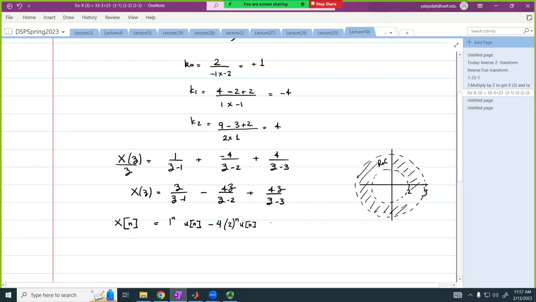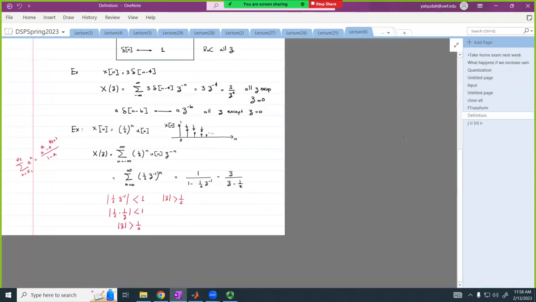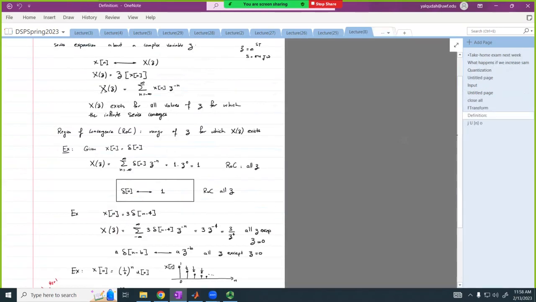So therefore, this is going to equal minus 4, 3 to the n, u of negative n minus 1. Where did I get this from? Table. Table, yes. But we've done something similar.